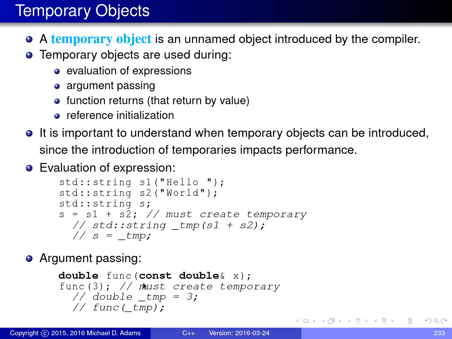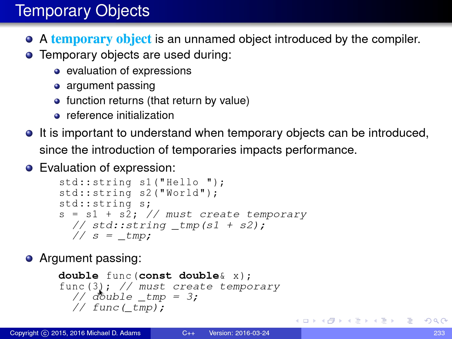When func is invoked, because this reference parameter is a reference to a double, more specifically a const double, it has to be bound to something of type double. But this value 3 is of type int. So the reference for func cannot be bound to the value 3.